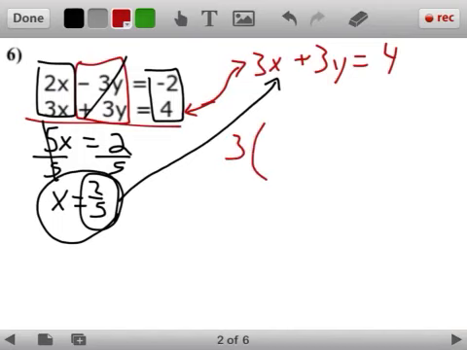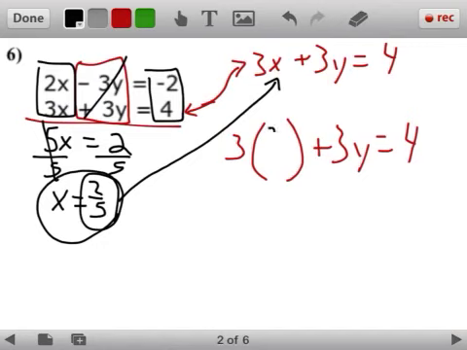So that means my equation is going to look like this. 3 times x plus 3y equals 4. And in for x, I'm putting 2/5. And I'm going to go ahead and turn that 3 into a fraction, so 3 over 1, so that I can multiply these.